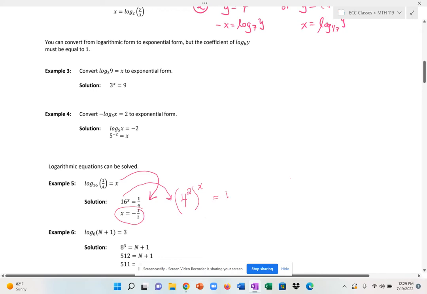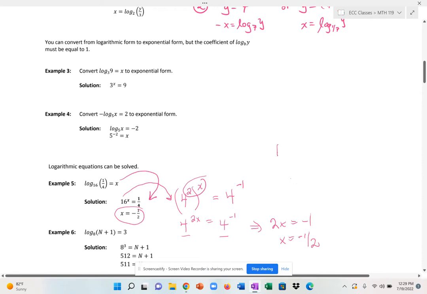And I know that 1/4 is the same as 4 to the -1. So here I can multiply the exponents, so I get 4 to the 2x equals 4 to the -1. Since the bases are the same, 2x must equal -1, and so x is -1/2.